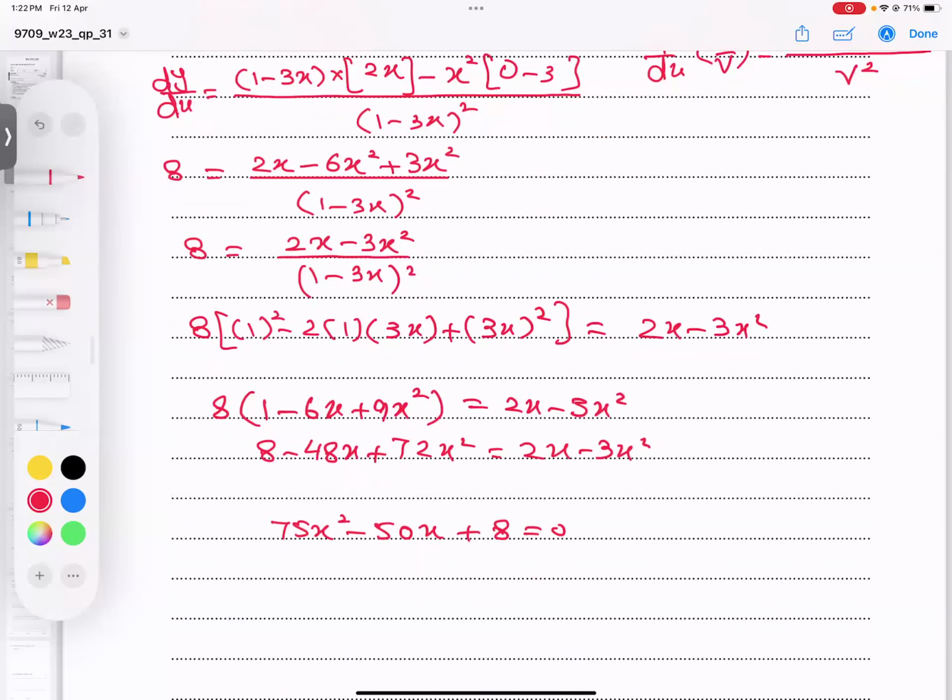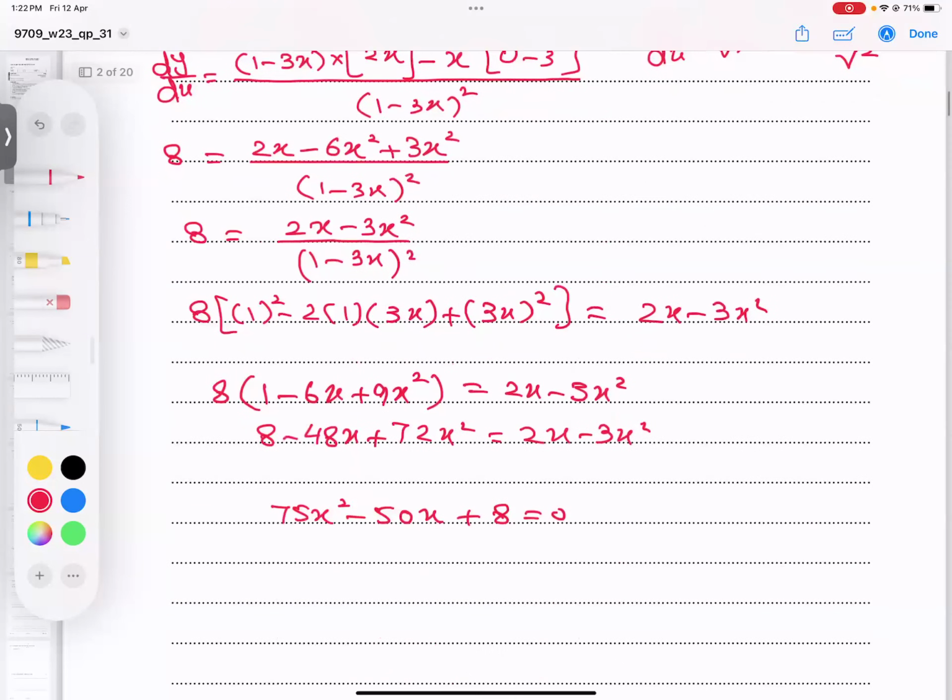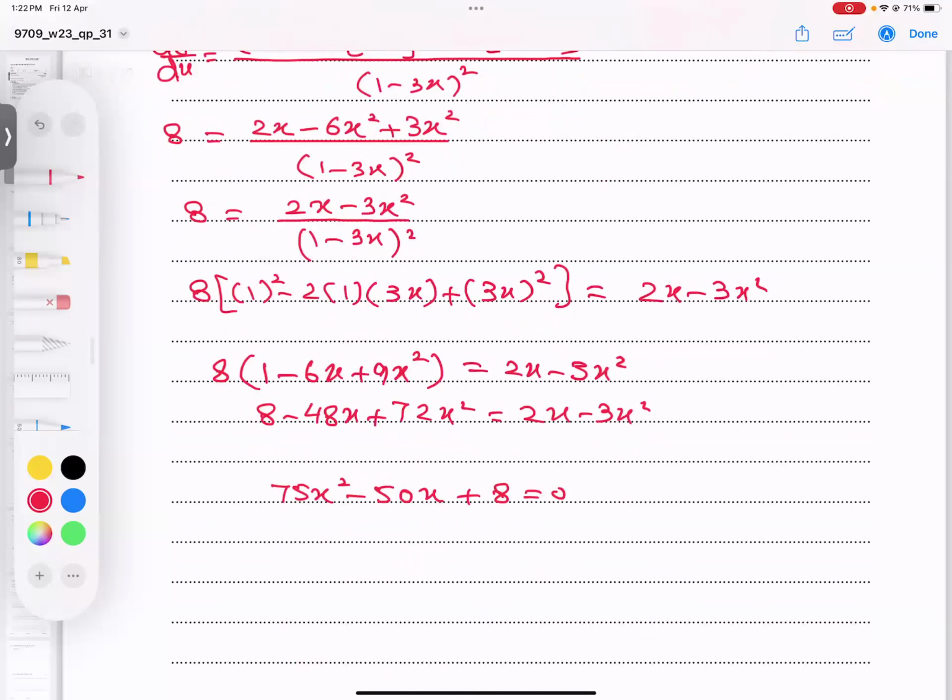Now you can see this one. We cannot simplify further. So there is only one choice, to apply the quadratic formula. And you know it very well. At least show this step: negative b plus and minus square root of b squared minus 4ac, over 2a.